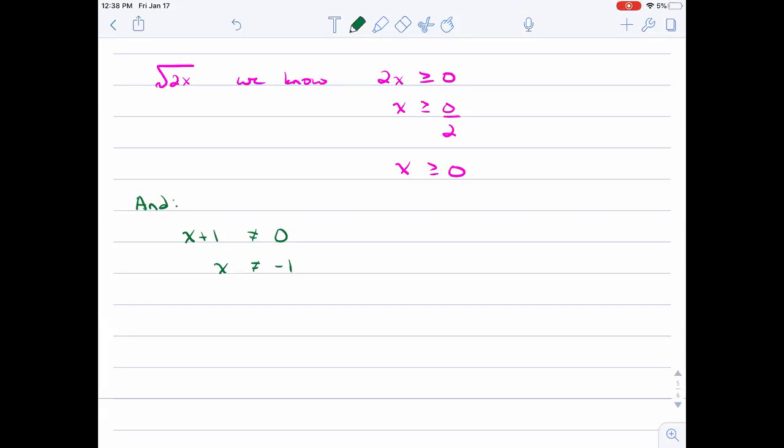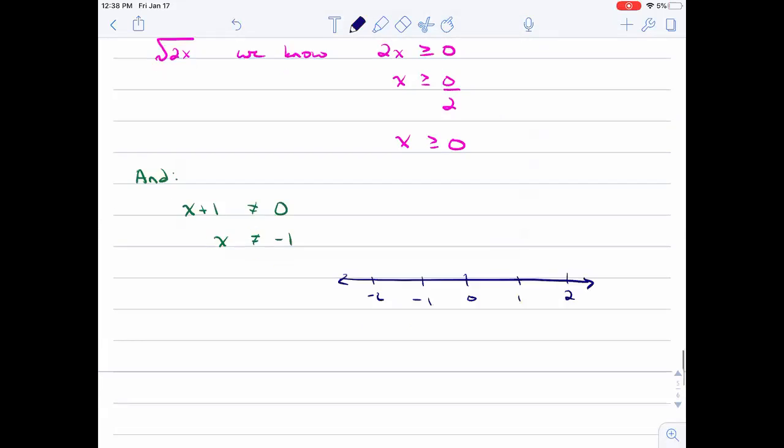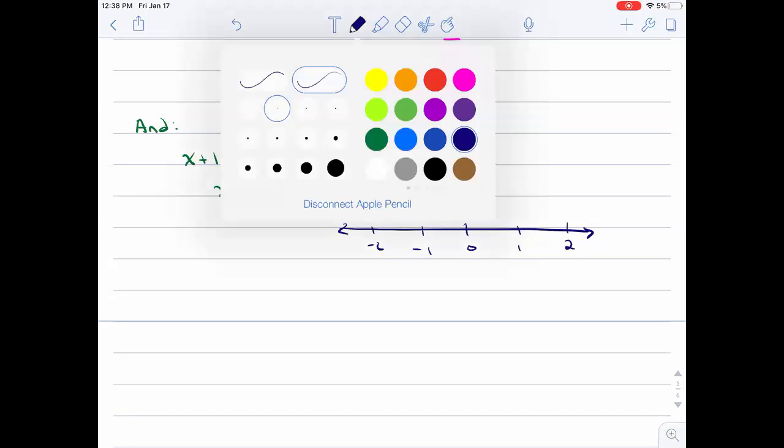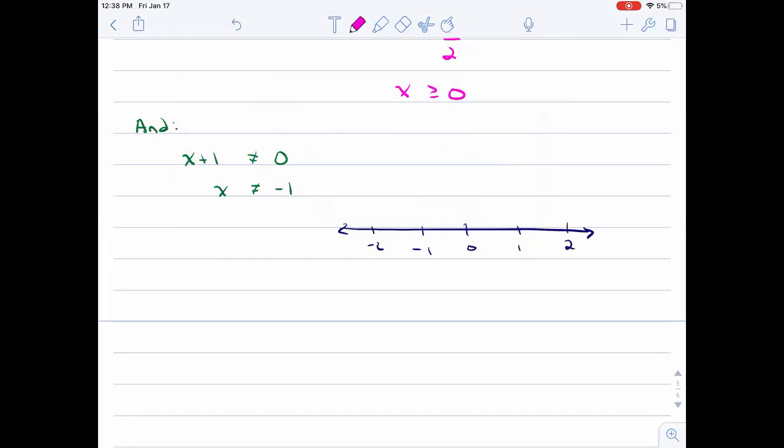The key here is that both of these conditions have to be satisfied at the same time, right? And so if we're looking at a number line, let's say, here 0, 1, -1, -2, 2, and it just keeps going and going. I find it helpful if we look at the first condition, x has to be greater than or equal to 0, which means that on this number line, I'm allowed to be 0, right?